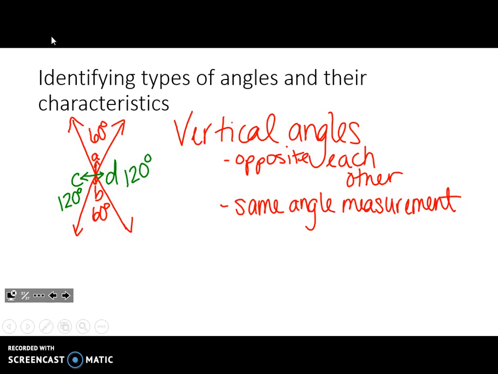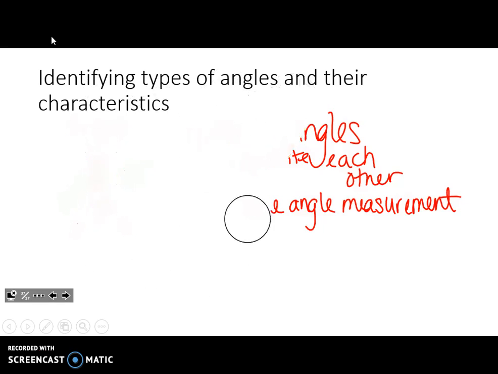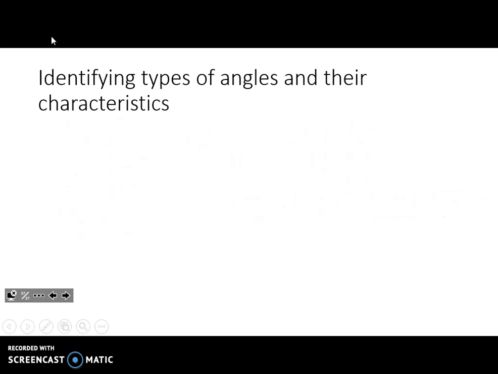So you're going to have to be able to look at a set of angles and tell whether it is vertical or supplementary or complementary, which we're going to get to right now. Hopefully those are familiar terms.